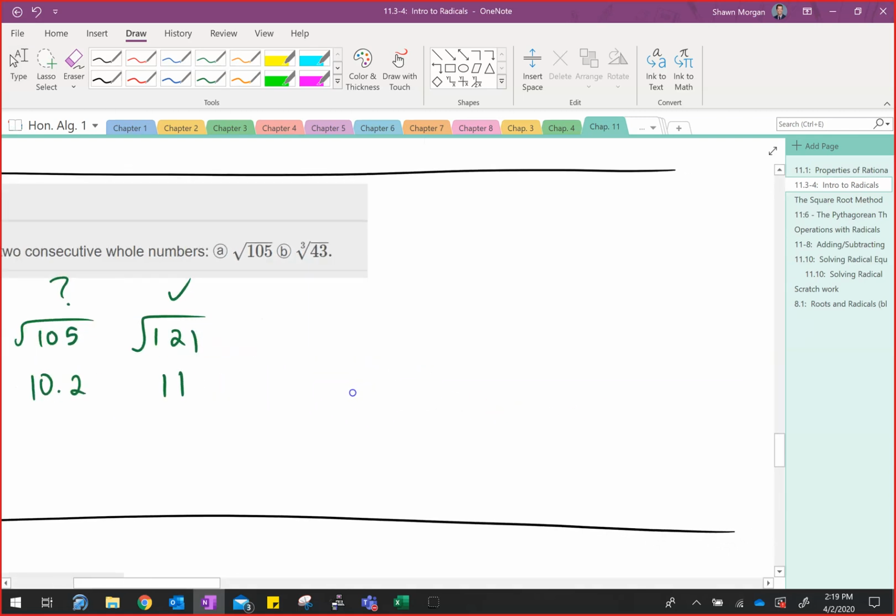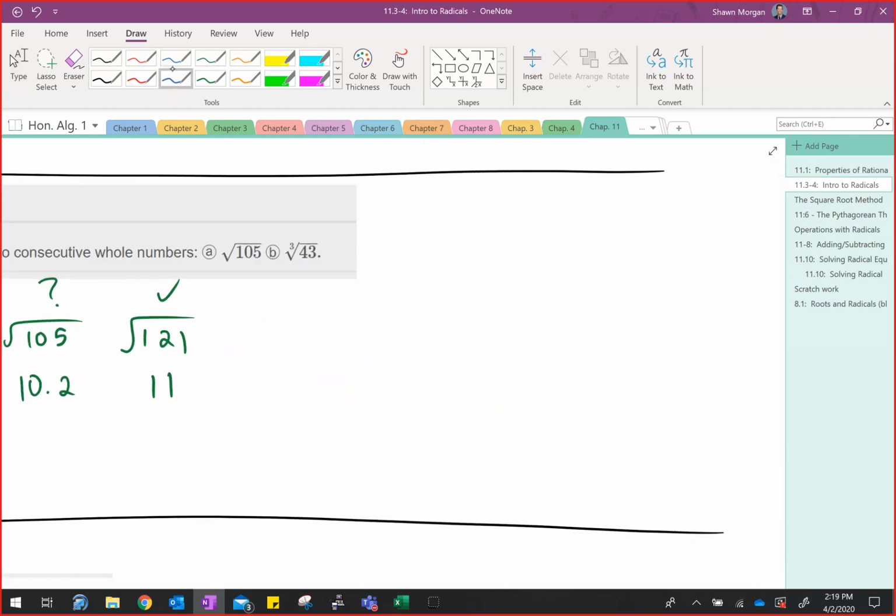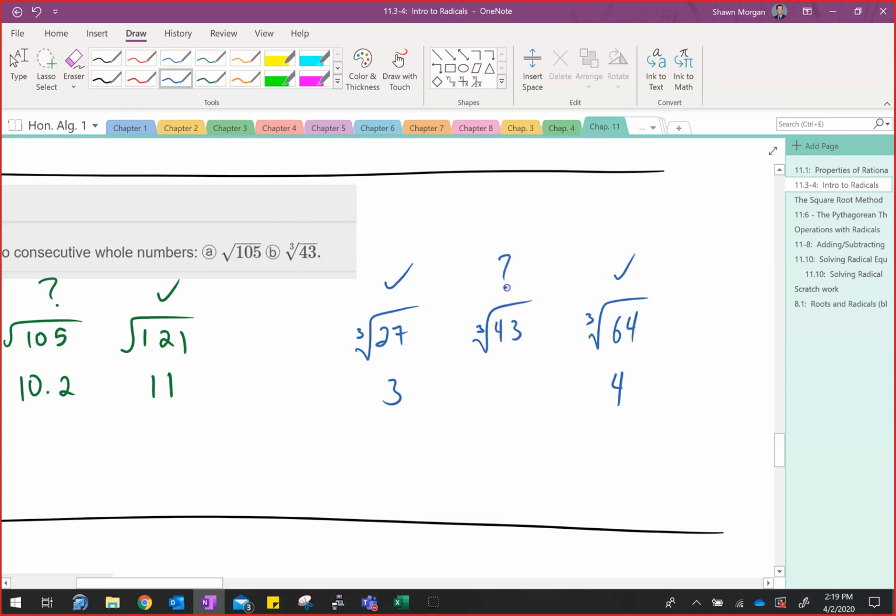All right. So how about cube root of 43? Well, let's think about the nearest perfect cube. I know that the cube root of 27 is 3. I know the cube root of 64 is 4. So the cube root of 43, although I don't know what it is precisely, I could ballpark it.